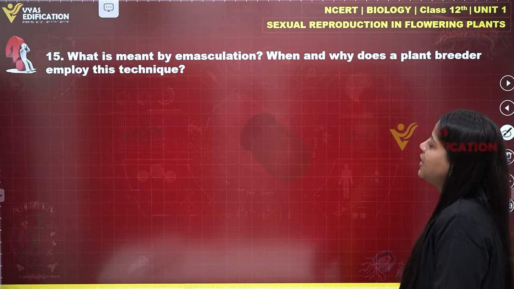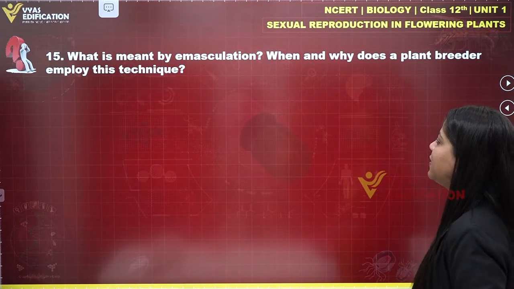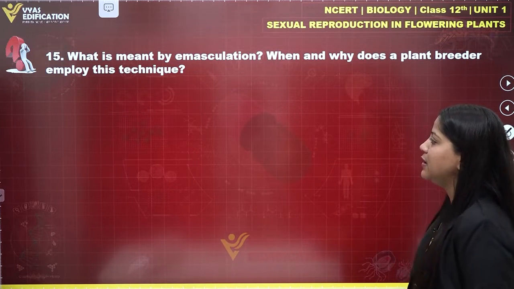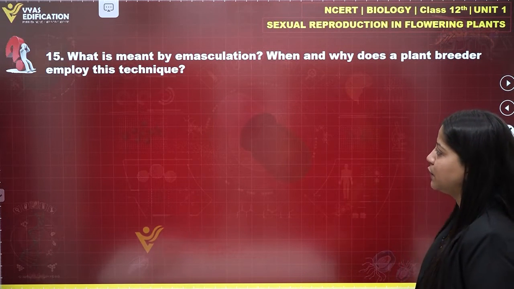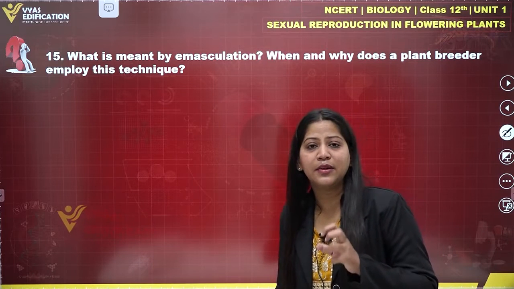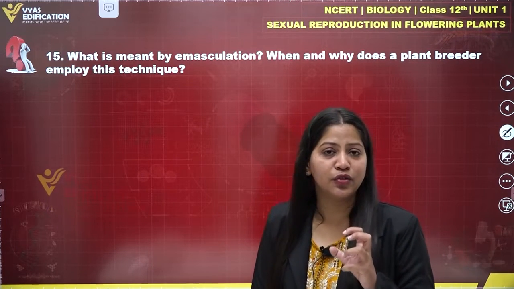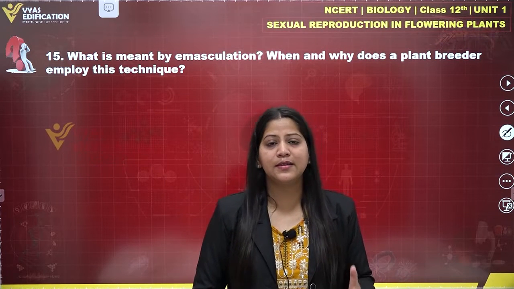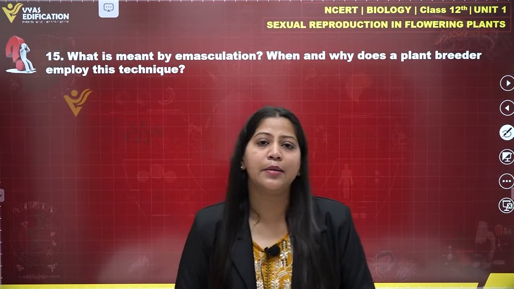What is meant by emasculation? What do you mean by emasculation, and when and why does a plant breeder employ this technique? First of all, emasculation is a technique employed by plant breeders during artificial hybridization.